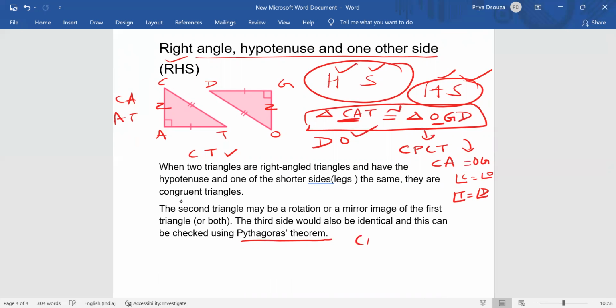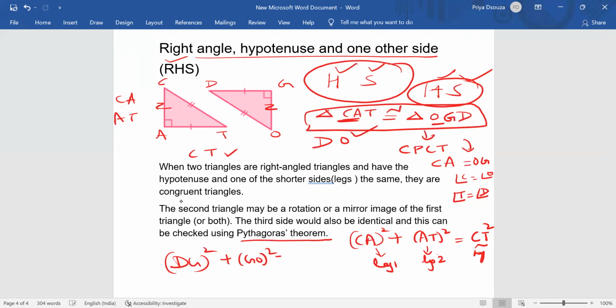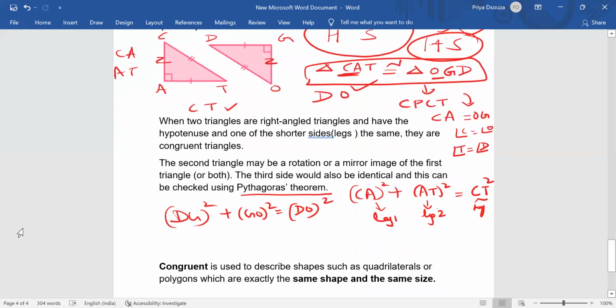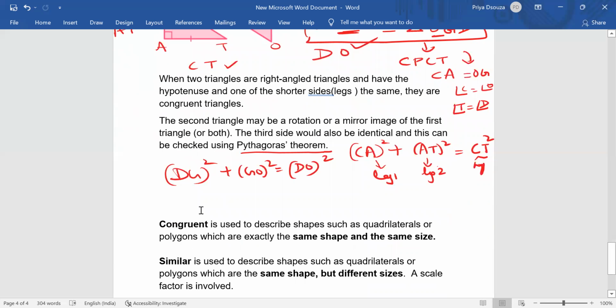For the first triangle, side CA square plus AT square will be CT square, which is my hypotenuse. CA is leg 1, AT is leg 2: square of leg 1 plus square of leg 2. The same thing goes for the second triangle: DG square plus GO square will give me DO square. And of course, you can use your Pythagorean triplets. They are in plenty.